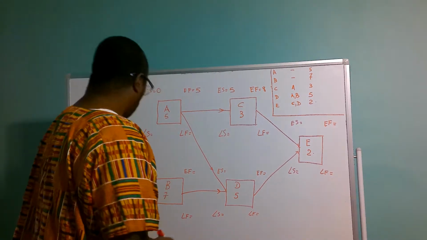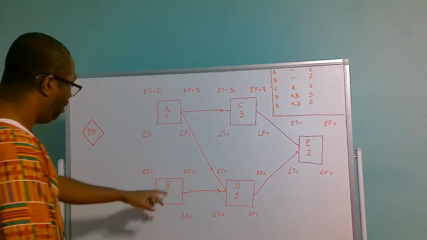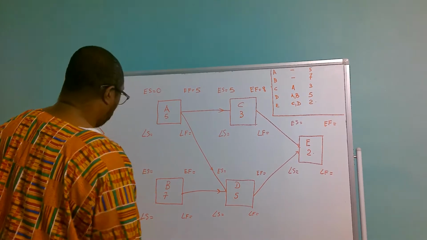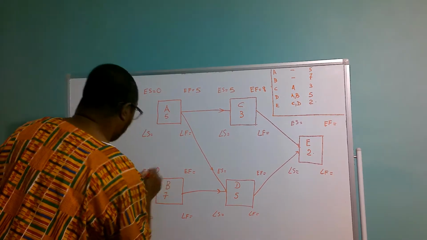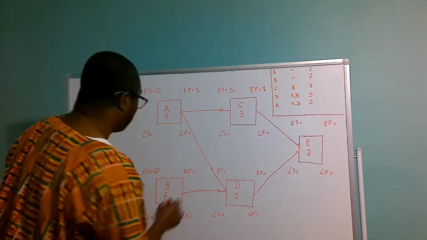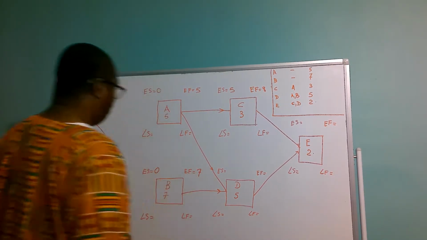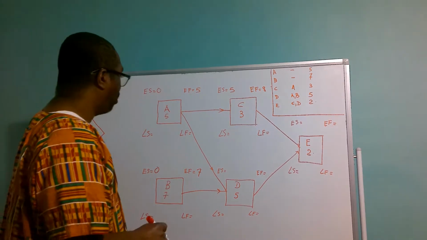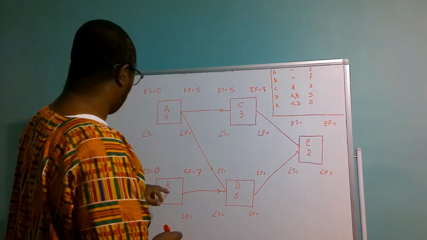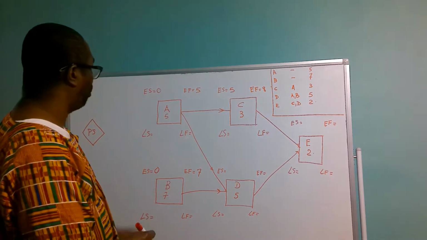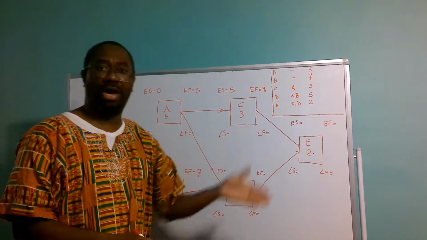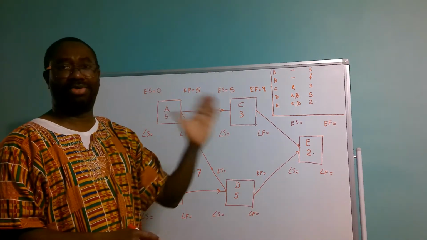And then we have B, which has a duration of 7 days. The early start of B is going to be 0 days, so it's going to be 0 plus 7, which is the early finish of B, 7 days. Now we have D. D comes out of A and B. Remember, when we are doing the forward pass, we choose the higher, and when we are doing the backward pass, we choose the lower.